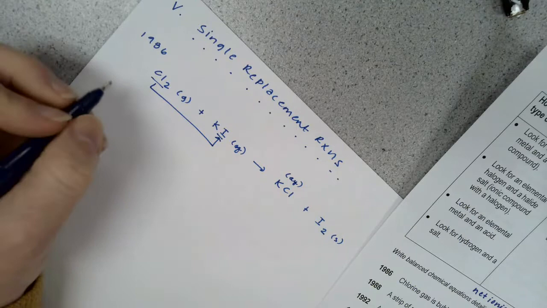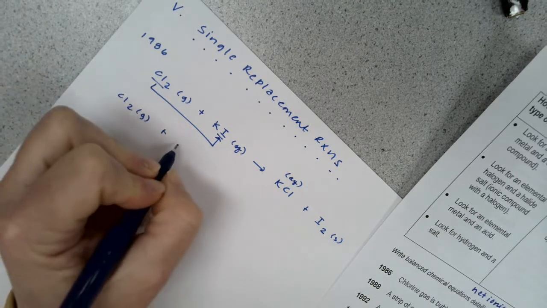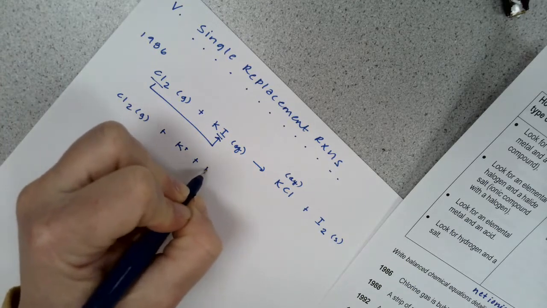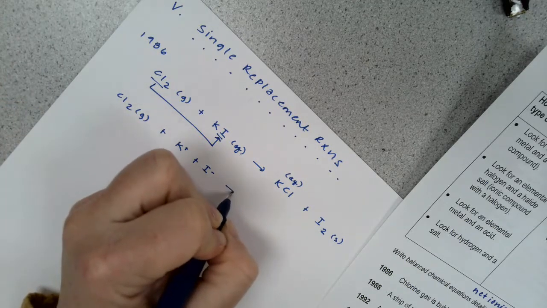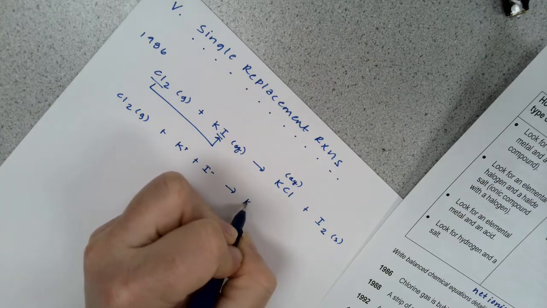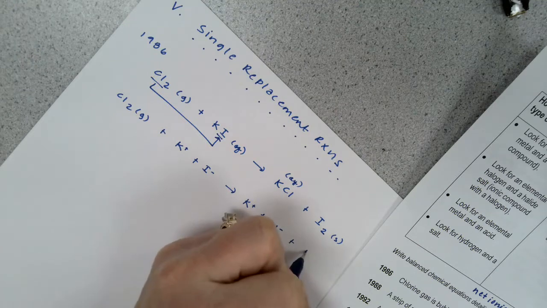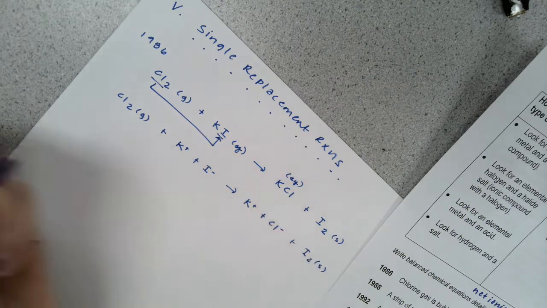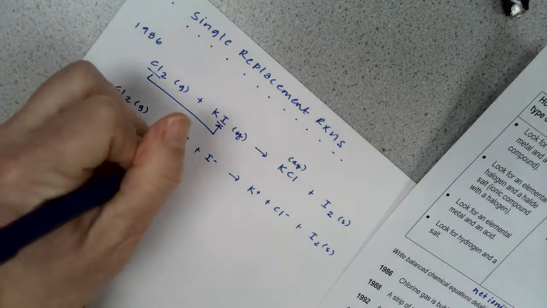So for our net ionic, I'm going to write Cl2 because this gas doesn't break apart, plus K plus I minus, right? We have to put the charges, and these are both aqueous. Again, I'm not putting it because I'm being lazy. And this breaks apart to K plus Cl minus, and those are both aqueous, plus I2 solid. Now, is there anything I can cross out? Yes, my spectator here is potassium.